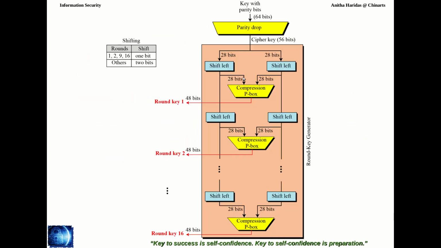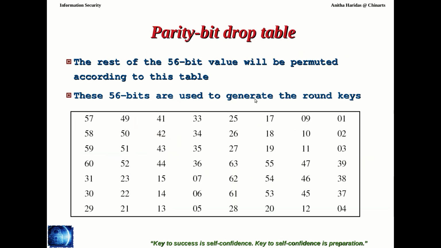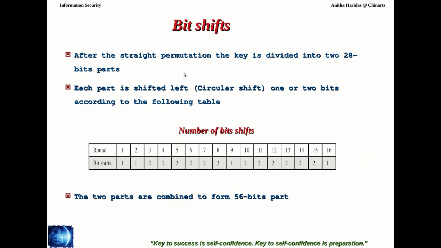Okay, so this 28 bits and this 28 bits will be combined here, and this combined 56 bits will be given to the compression P box. So that is why it says after the bit shifting, these two parts will be combined to form the 56 bit part.